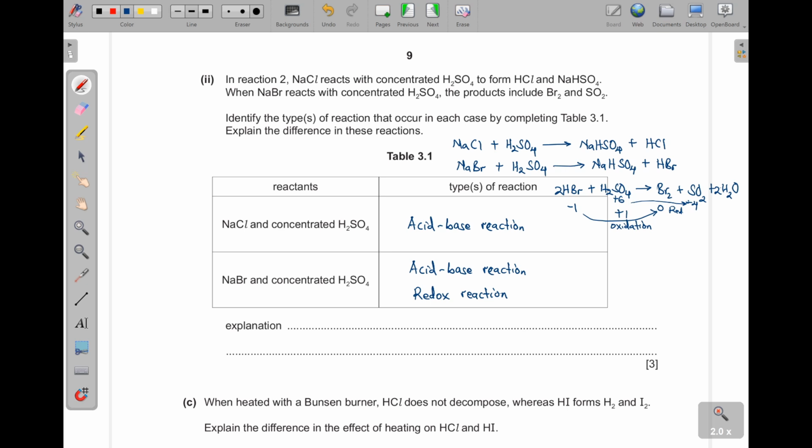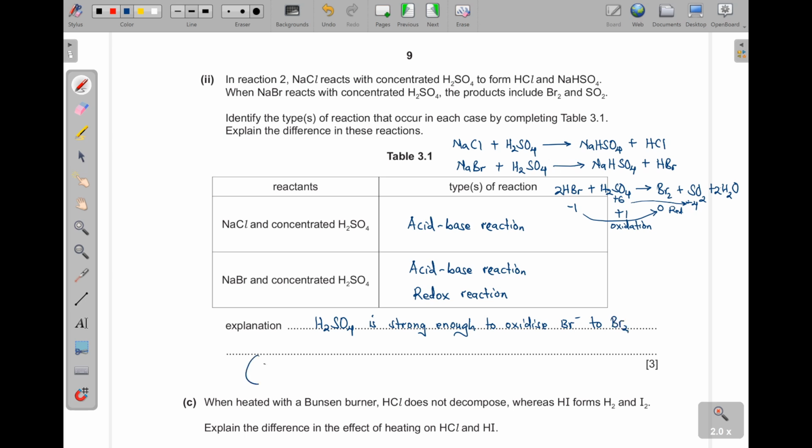So that is that. The explanation I'm going to put here, I will say that sulfuric acid is strong enough to oxidize bromide ions to bromine.